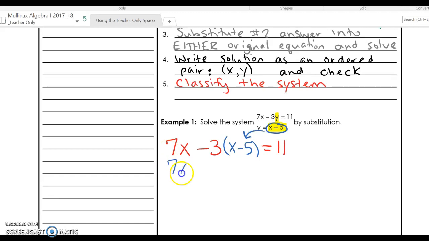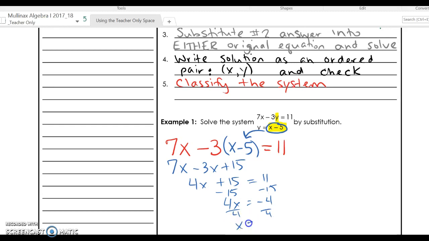So here we would distribute, combine like terms, subtract on both sides, divide on both sides, and we would figure out what x equals.